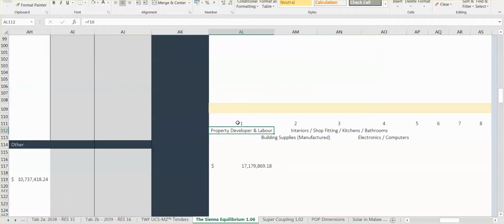And the reason for this is that it shows the E in the RES equation.